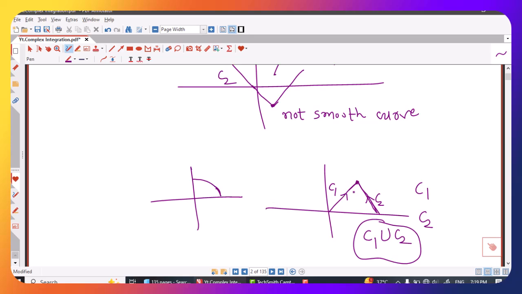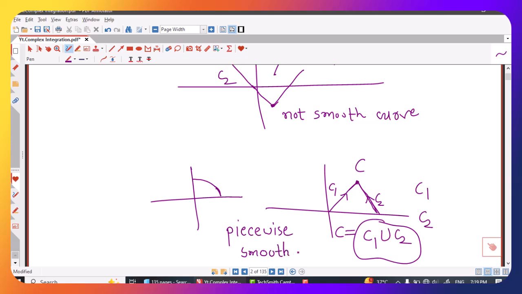So suppose this curve is denoted by C, then it is equal to the union of C1 and C2, and we call this curve C a piecewise smooth curve, because we can write it as a union of two smooth curves.